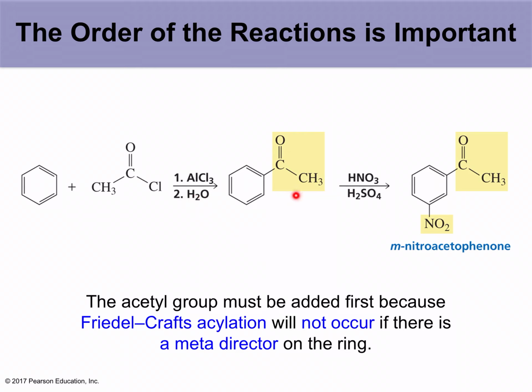And then when you add the nitric acid and sulfuric acid to generate the nitronium ion, it will add on to the meta position, meta-nitroacetophenone. The acetyl group must be added first because Friedel-Crafts acylation will not occur if there is a meta director on the ring. So that's why we first put the acetyl group and then the nitration.